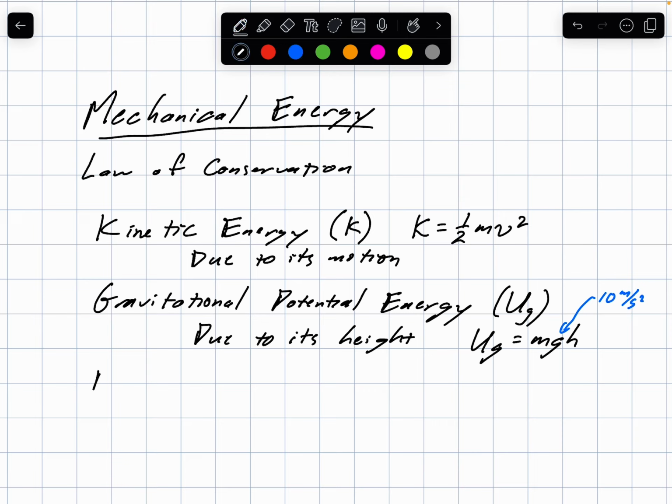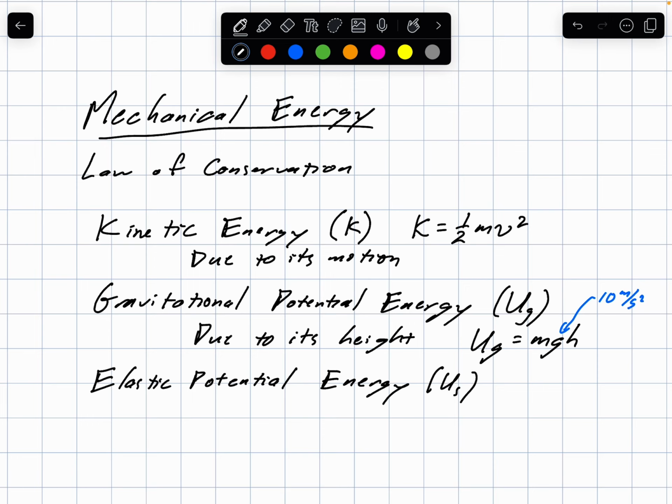And then there is elastic potential energy. This is from a spring or a rubber band or something that's being stretched, or a spring that's being compressed. The symbol for this is US.